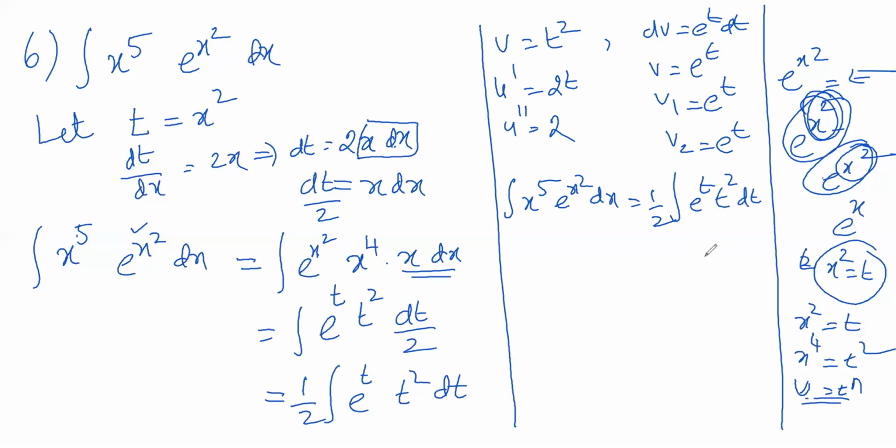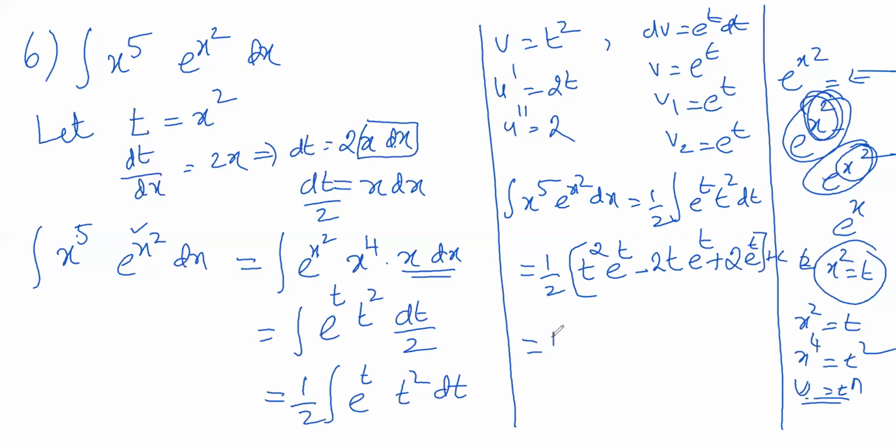Here we are using Bernoulli's formula, taking 1 by 2 outside: uv minus u dash v1 plus u double dash v2. That is, t squared into e power t, minus 2t into e power t, plus 2 into e power t, plus c.